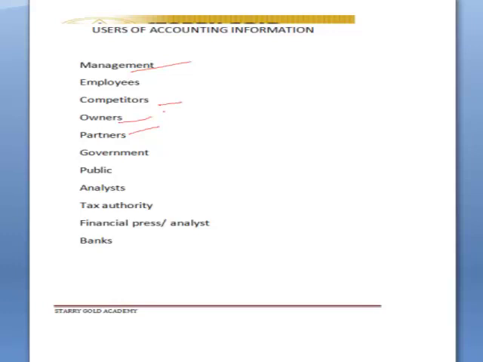Competitors are external users. Government is also an external user. Government is interested in the financial statement of a reporting entity through its agencies, like the internal revenue, the state's inland revenue services, and the government economic agencies or planners.